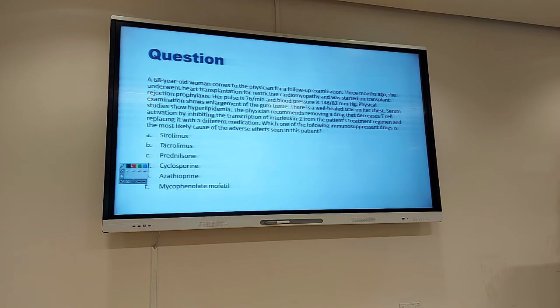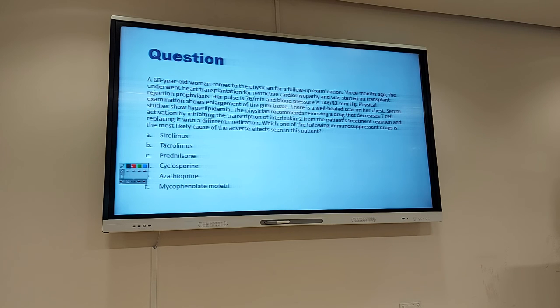Okay, do you guys want to read the question? Read the question. A 68-year-old woman comes to the physician for a follow-up examination. Three months ago, she underwent heart transplantation for restrictive cardiomyopathy and was started on transplant rejection prophylaxis. Her pulse is 76 per minute and blood pressure is 148/82.